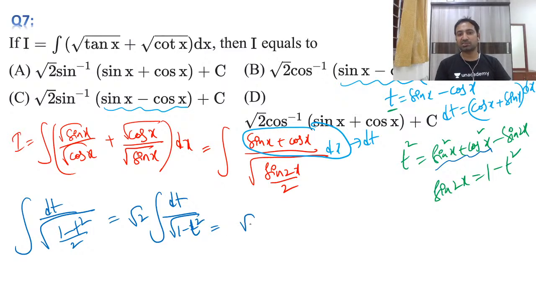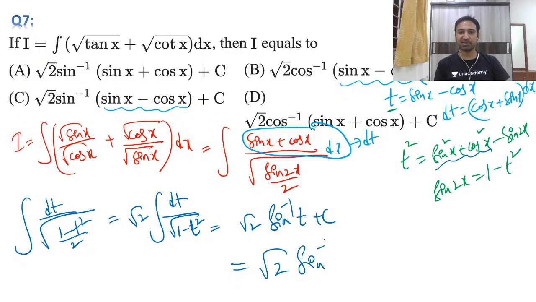So now this is going to be sin inverse t only. But what is t, guys? t is sin x minus cos x, correct? So this equals root 2 into sin inverse of t, where t is sin x minus cos x.